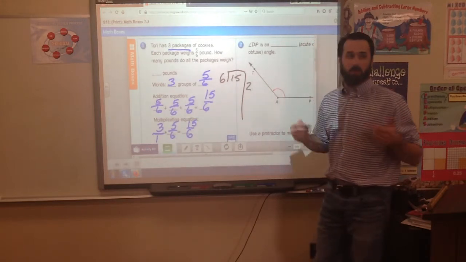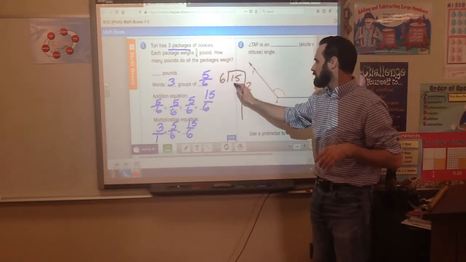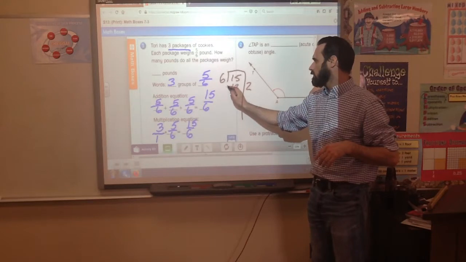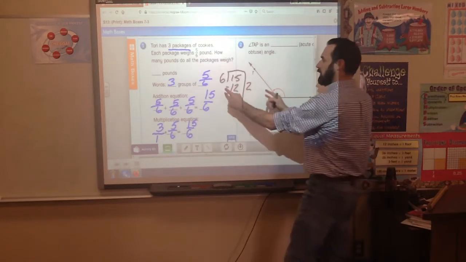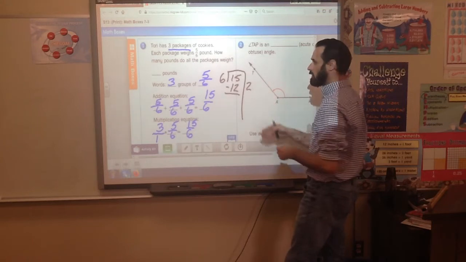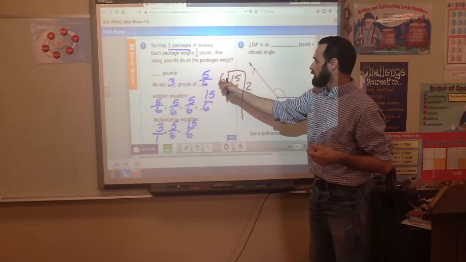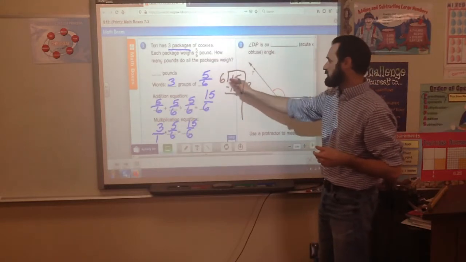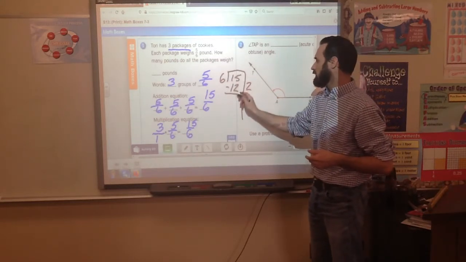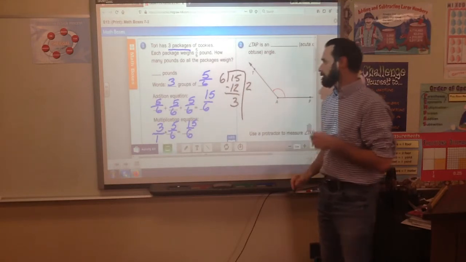A good jumping off point is 2. It's at least more than 1. 6 times 2 is 12. And then you subtract. Remember, you multiply your divisor times this outside number to get a partial quotient. So your divisor times your partial quotient, 6 times 2 is 12, and you subtract. 5 minus 2 is 3, 1 minus 1 is 0.